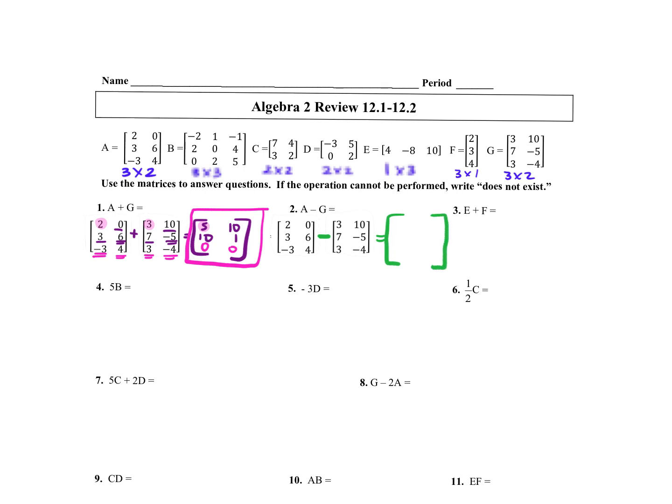It'll be all good. All right, so the first one, 2 minus 3, so that's a negative 1. 0 minus 10 is a negative 10, so that's top right. Middle row, you have 3 minus 7 is a negative 4. And then 6, here you go, minus a negative 5.